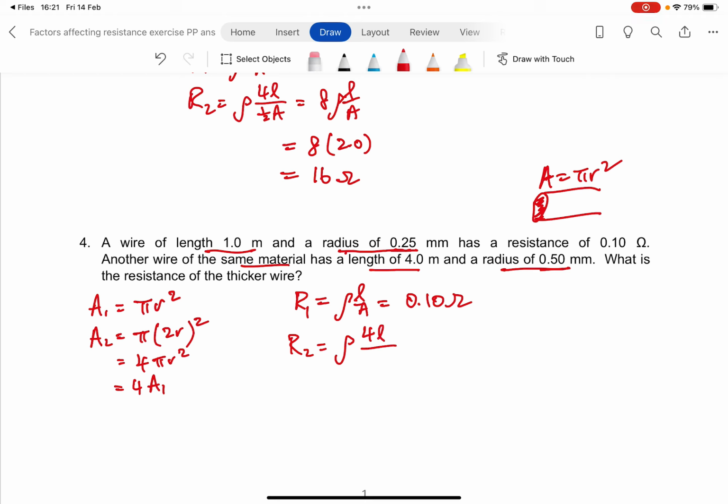The area is also 4 times, right? So 4 times over here and 4 times over there. Actually, it will cancel out and you are left with the same thing, right? So rho L over A is actually 0.1 ohms. So in the end, the new wire actually has the same resistance as the old wire.